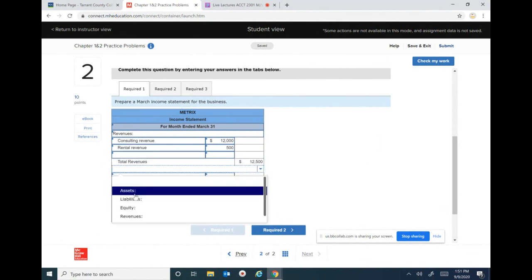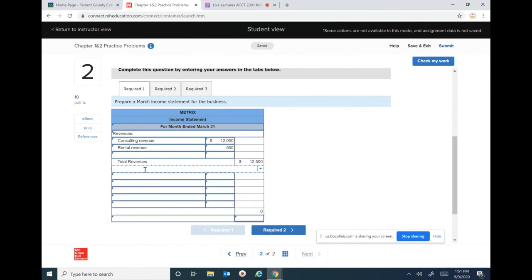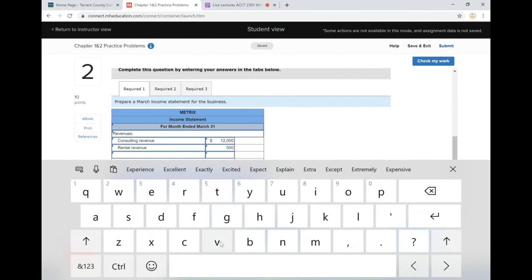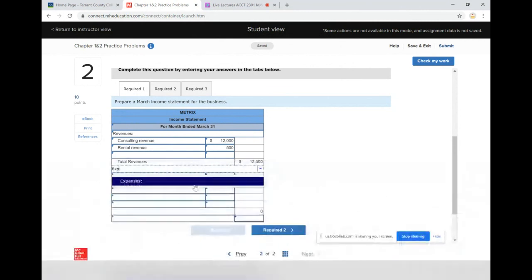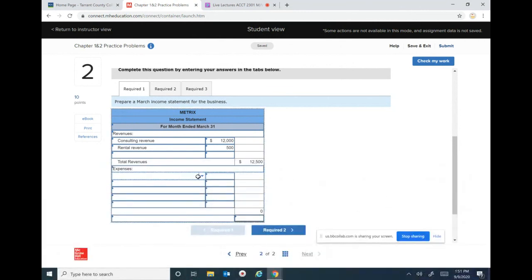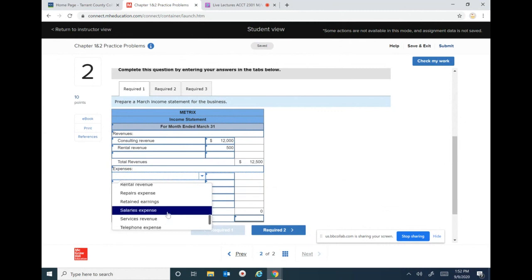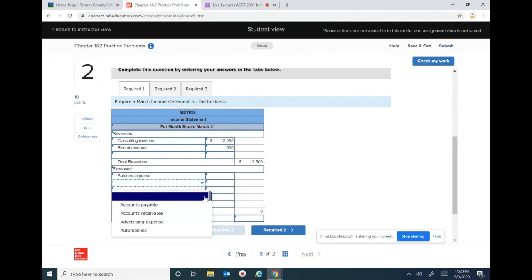After that, we'll take expenses and we'll list every single expense account. Starting with salaries expense. After salaries expense, I will show rent expense.